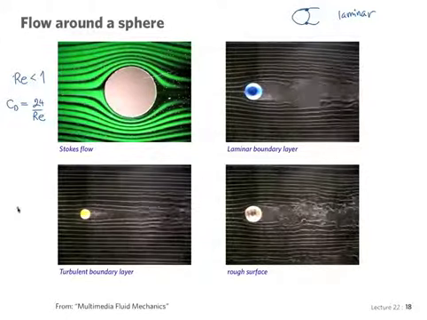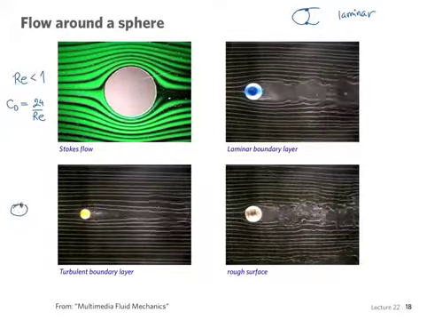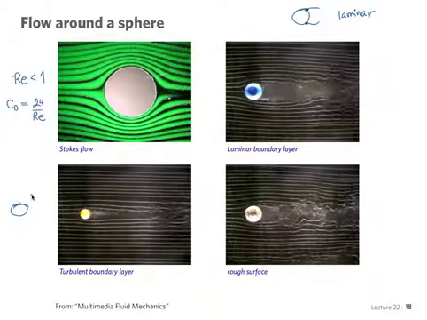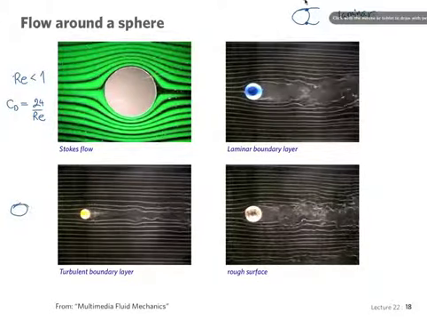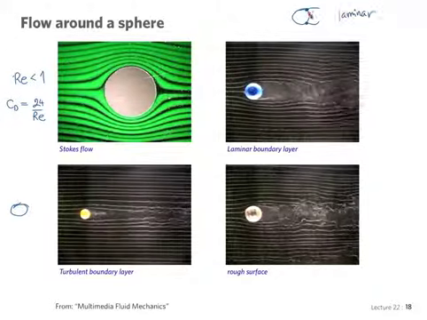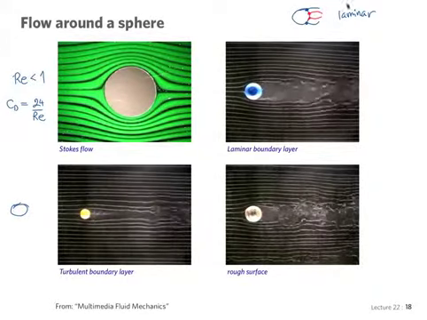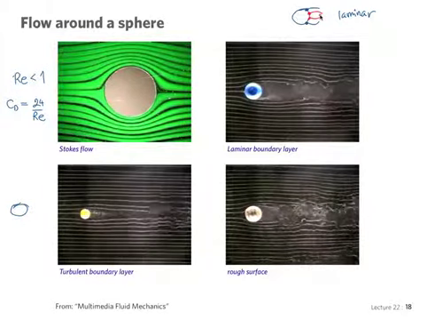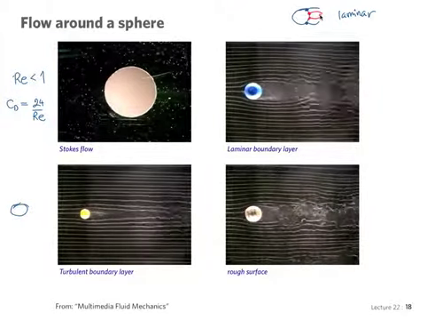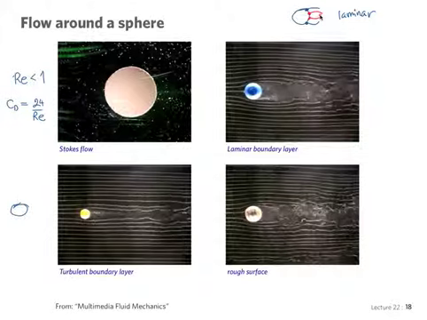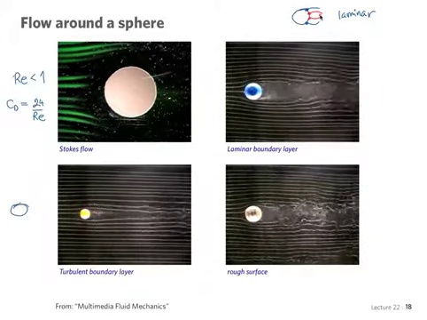For the turbulent case, the separation point moves backwards a little bit. I'm going to do it in the same point. This is turbulent. It's going to move backwards, something towards the rear, because the fluid particle has a little bit more inertia, if you will, to go around the curved surface.